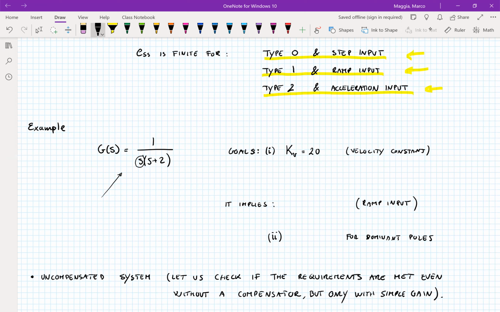So they're usually utilized instead of or in place of a requirement directly on the steady state error. So instead of saying, for instance, that the steady state error should be less than 0.1, you could say the velocity constant should be greater than a certain value. So in this case, we want exactly a velocity constant of 20.